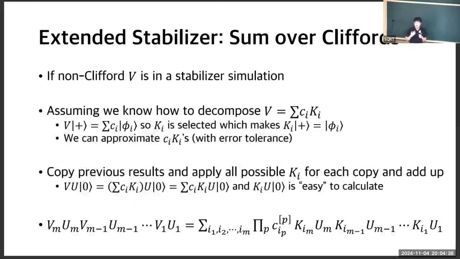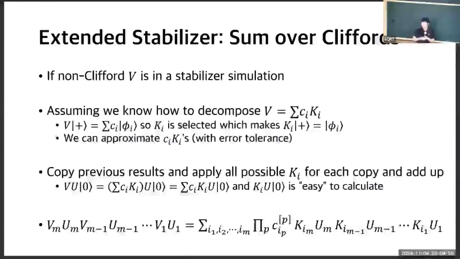So there are two different ways to implement this, to extend the Clifford gates. The first one is to add the gates to make one non-Clifford gate. If I have Ki, which is a Clifford gate, then we can make V equals sum of Ci Ki, which needs to be found.